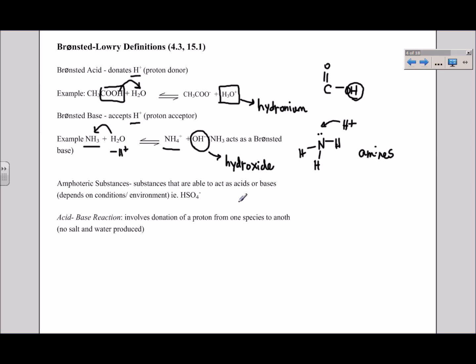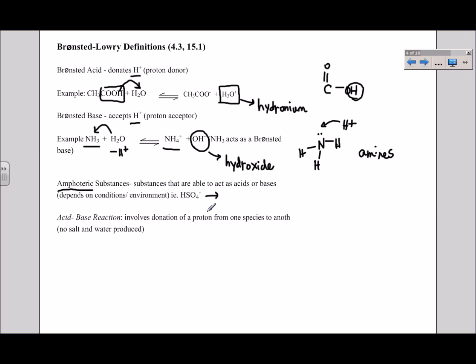Now there are some substances that are able to either donate or accept a proton, and they're referred to as amphoteric substances. And we've seen already that water in each of these reactions is an amphoteric substance. It has the ability to accept a proton when it reacts with another acid, and it has the ability to donate a proton when it reacts with a base. There are other ions that can behave this way as well.